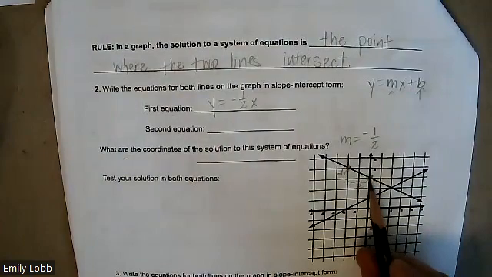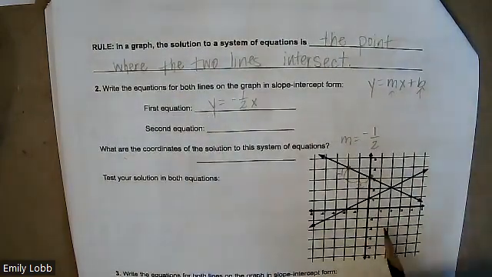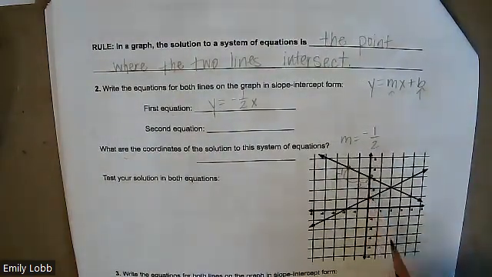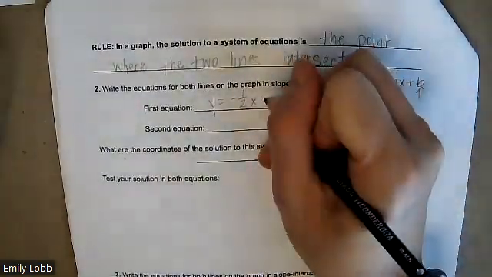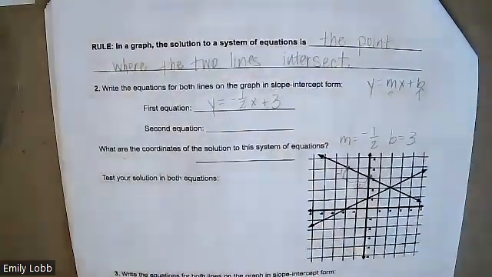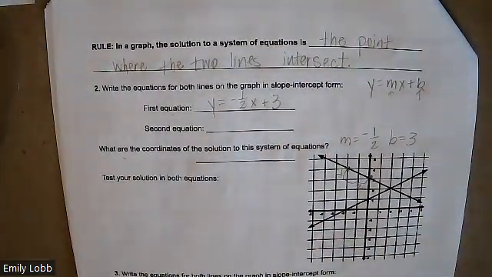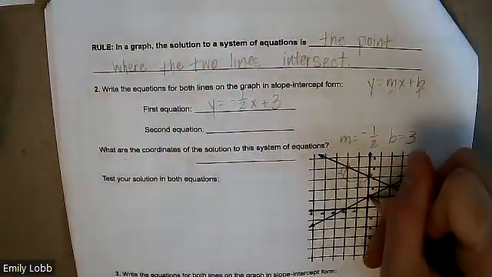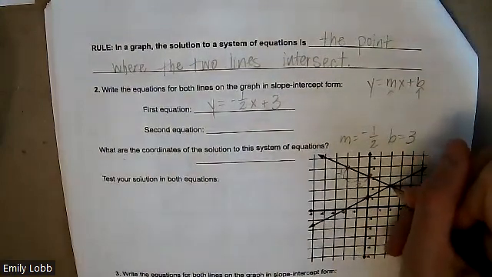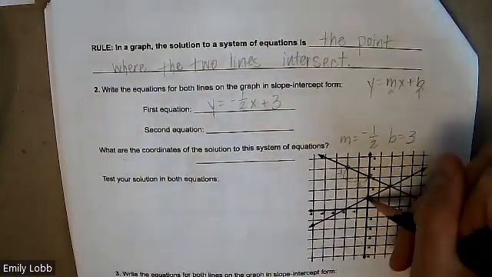And what is our y-intercept? 1, 2, 3. So b is equal to 3. So we're going to say plus 3. Our second equation, we're going to do the same thing. Pick 2 points where they're going through the corner. This time it looks like just the opposite.